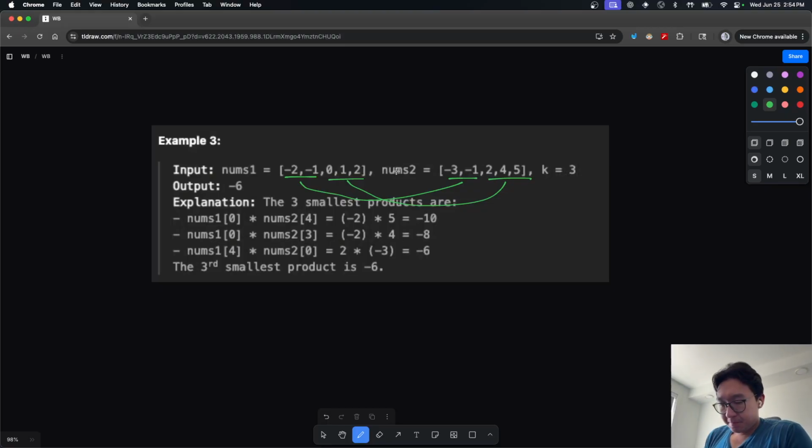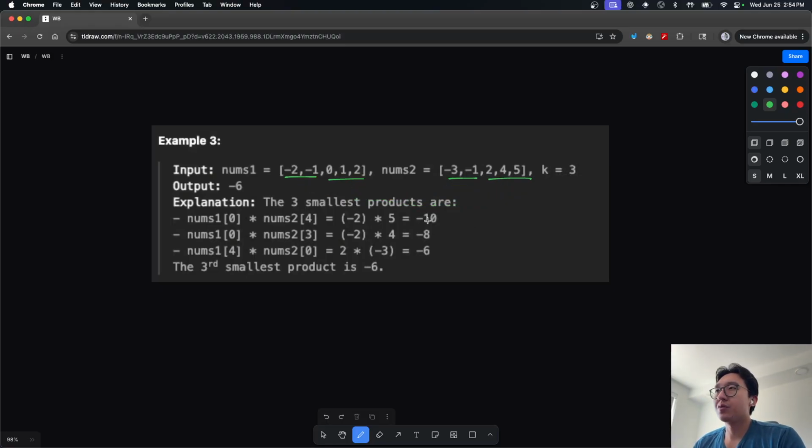How can we use binary search here? Negative with negative, positive with positive.